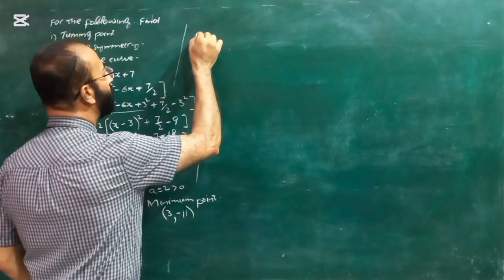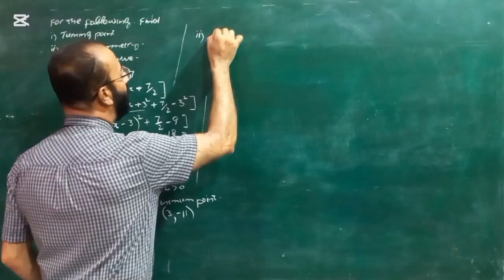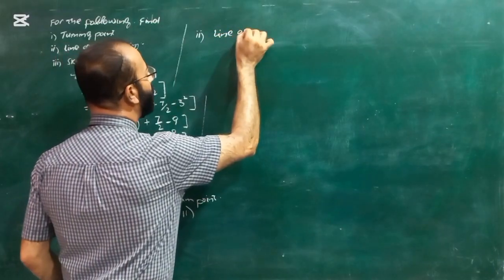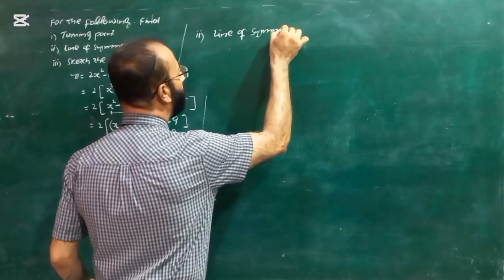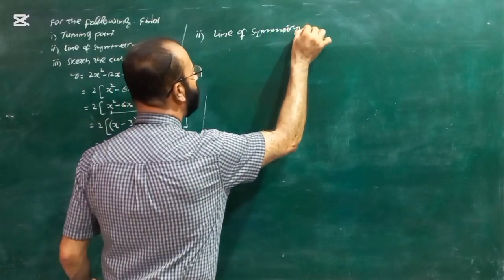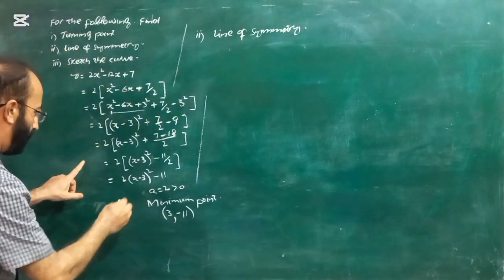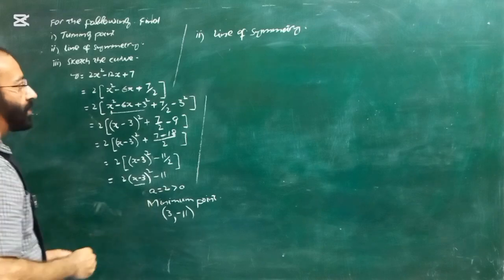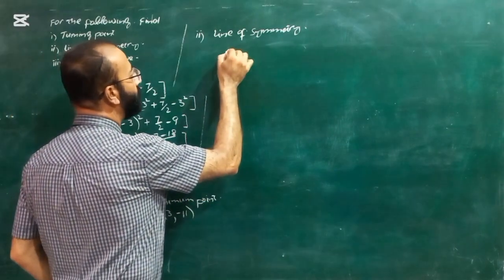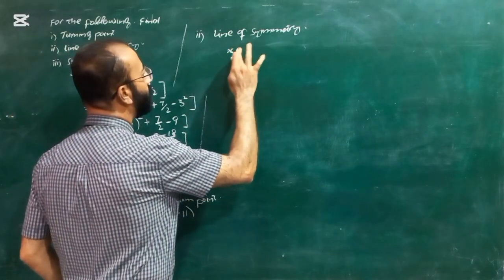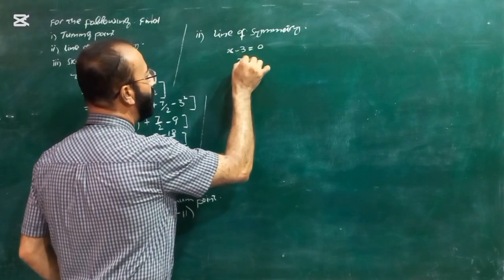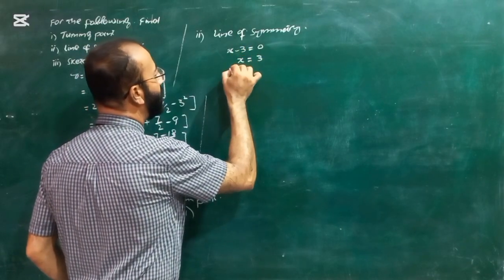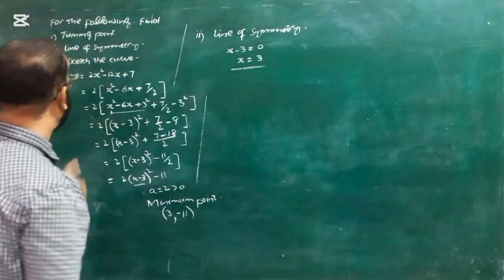So from this, take x - 3 equal to 0, and from here, x = 3 is the line of symmetry.